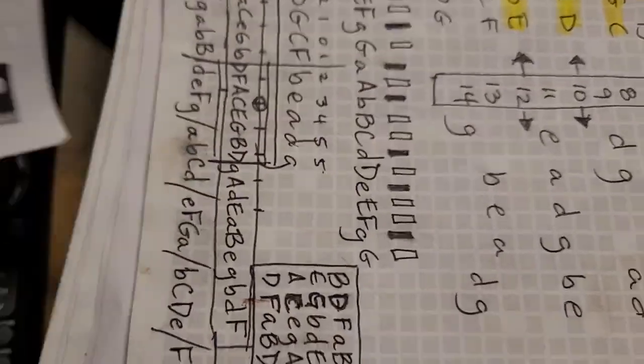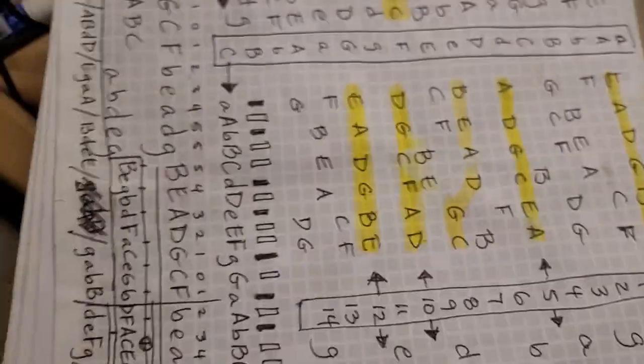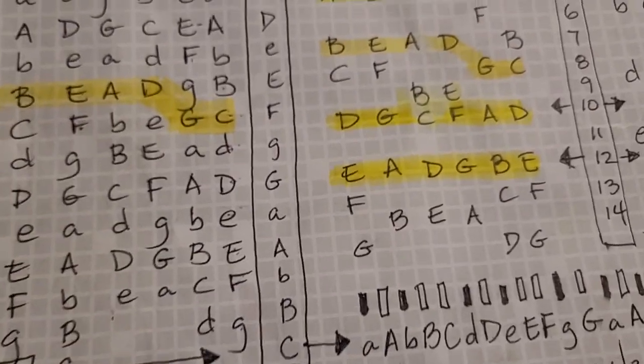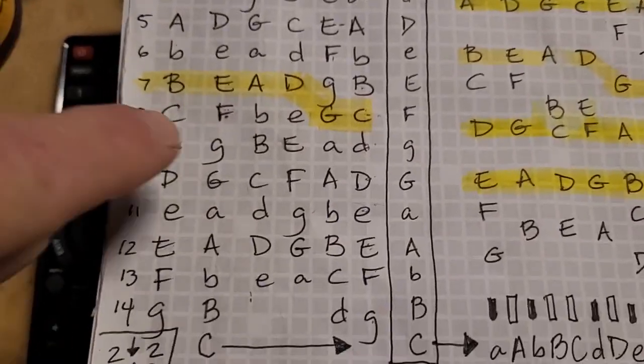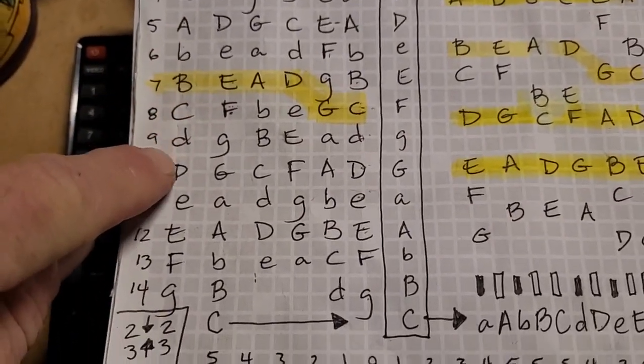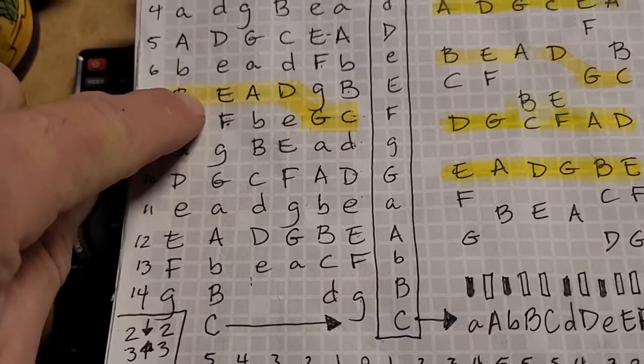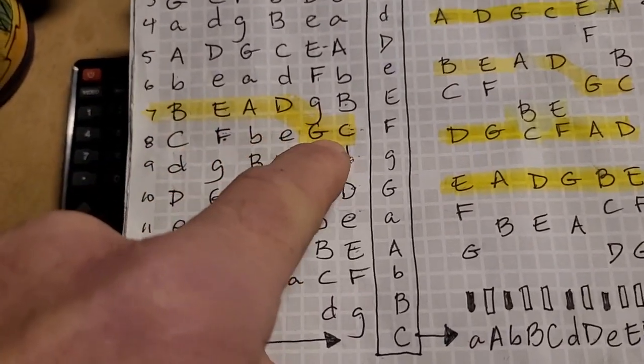Now, here's the thing. When you do 5, you start on the bass string, okay? Hence the 5-7 note theory, okay? If we do 5, 1, 2, 3, 4, 5, then we stay on the circle of fifths, okay?